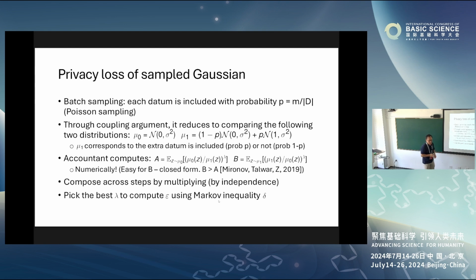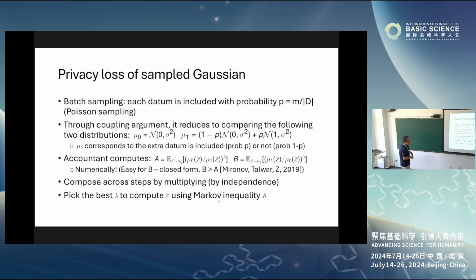Recall that in SGD, there is a batch sampling process. Here we change the fixed-size sample to Poisson sampling. Basically, each time we sample this batch, we include every data item with probability P, where P is M divided by the size of the database.